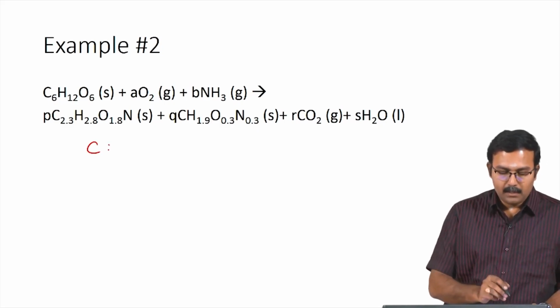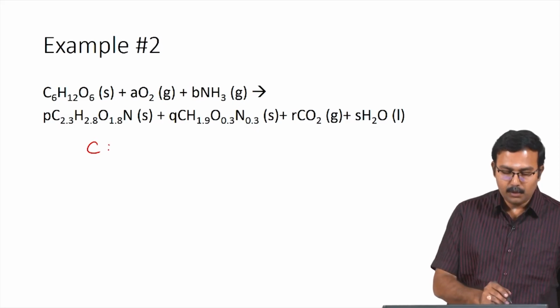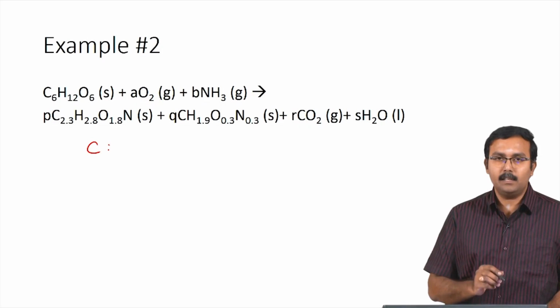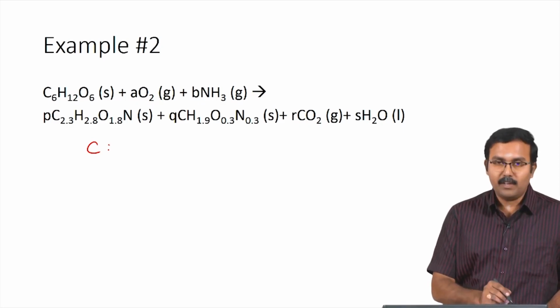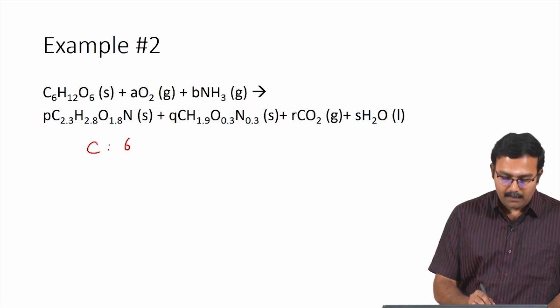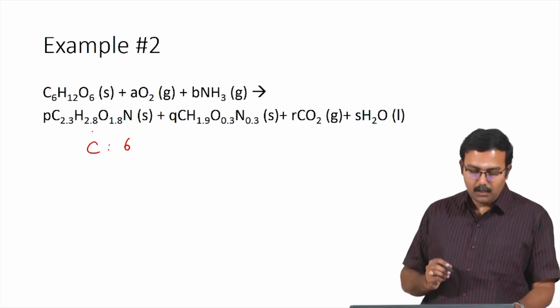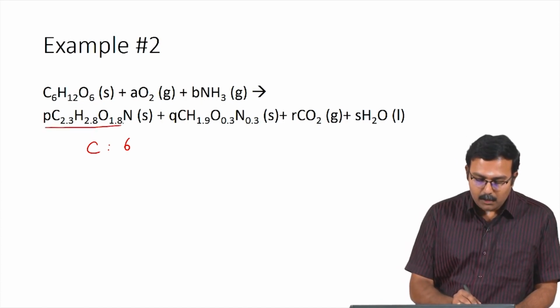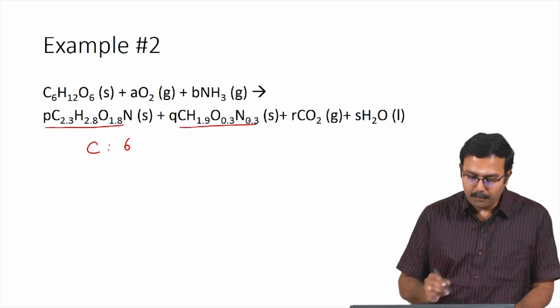So, carbon is entering the reaction through glucose and 6 atoms of carbon is present in the glucose. As we have assumed the stoichiometric coefficient of glucose to be 1, we have 6 atoms of carbon entering. So, the product stream has carbon coming in as humulin and as biomass.